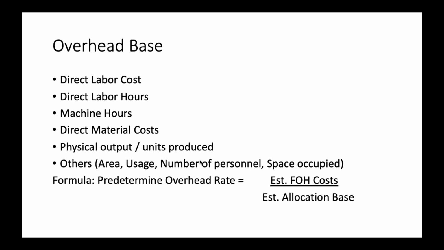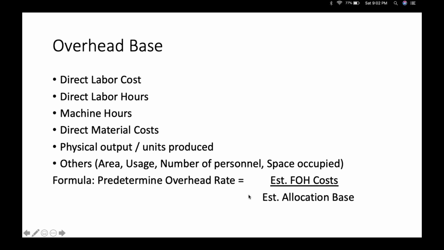Now, when we compute predetermined overhead rate, the formula would be to divide the estimated factory overhead cost by the estimated allocation base. So, in our previous lesson, the predetermined overhead rate is computed as estimated factory overhead cost divided by direct labor hours or direct labor cost.